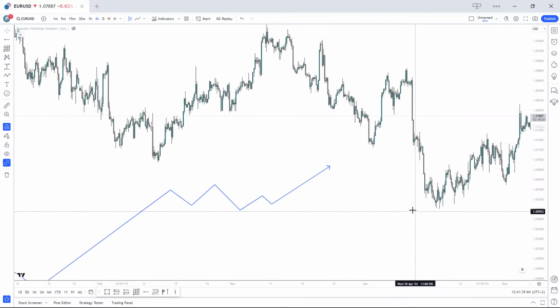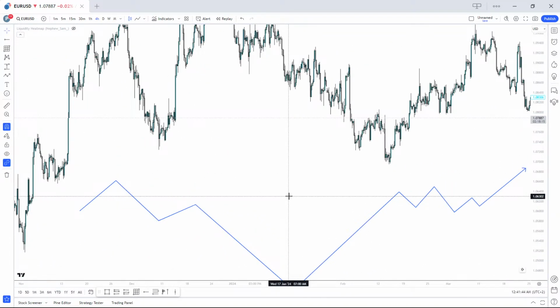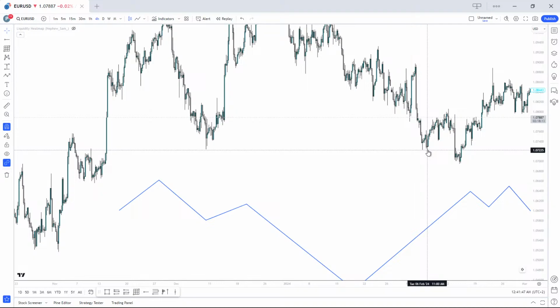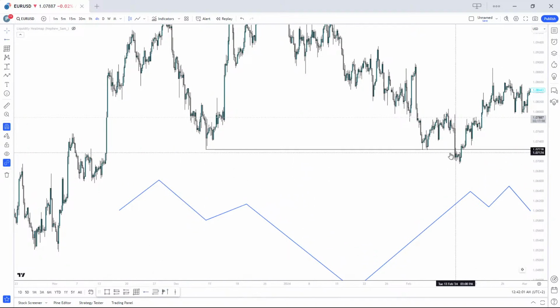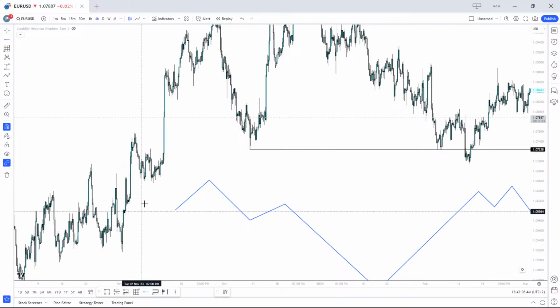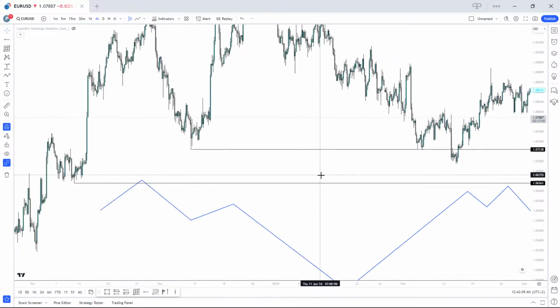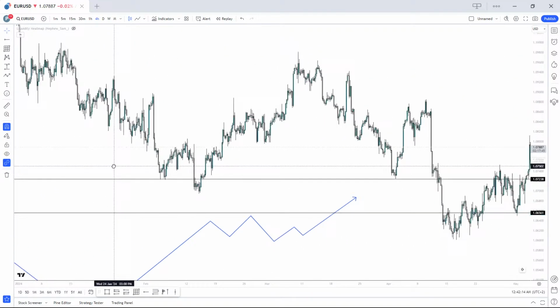I can't remember where we were. I think this one, yeah. Alright, so this low has to take the liquidity. Okay, I found it. So this liquidity gets taken barely from this low, and then we have another low. Okay. I don't think this actually works. Yeah, no, it doesn't.